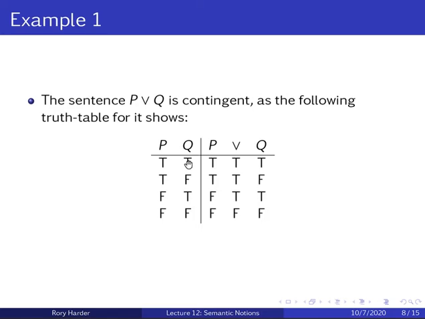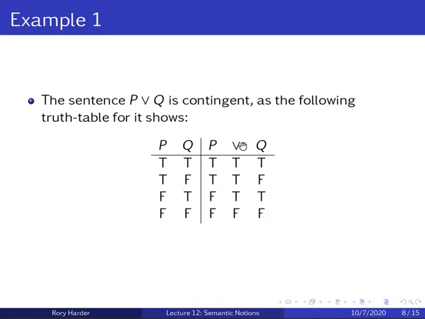Once we have each possible assignment, which we construct by listing out all the possible combinations, we then look at, given each of these valuations, what is the truth value of the entire sentence? On the valuation that both P and Q are true, the entire sentence is true. As I stressed in the previous lecture, the way we determine the truth value of more complex formulas is we apply the rules for the meaning of our connectives.